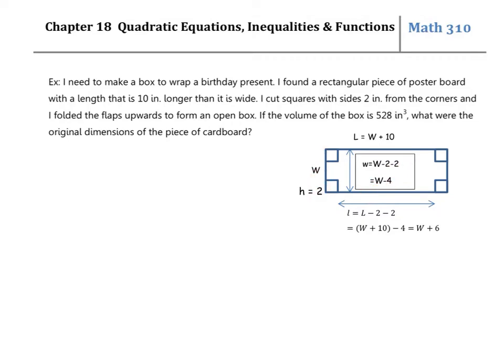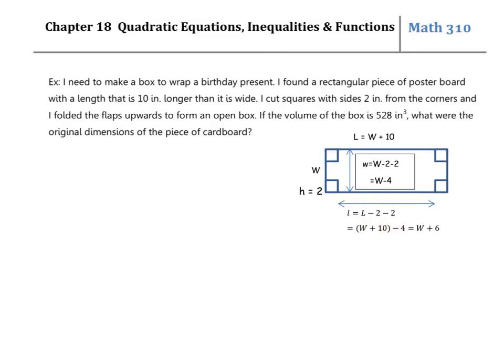And similarly, the length between here and here, or the length of the box that I create, is going to be the length of the poster board minus these 2 inches minus these 2 inches.